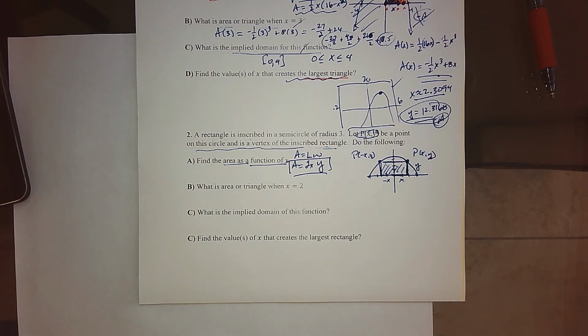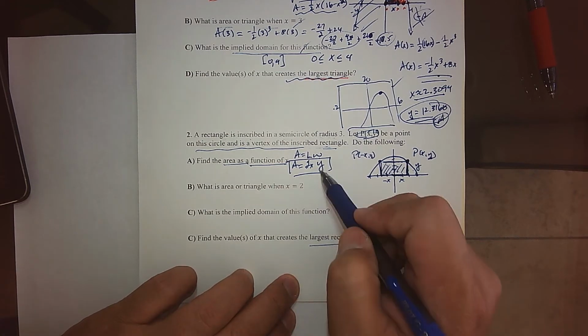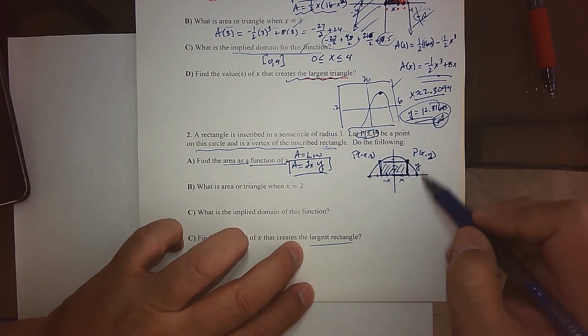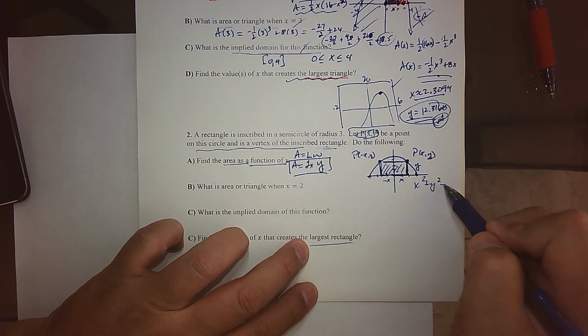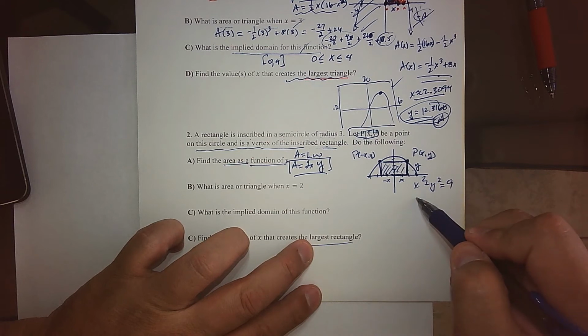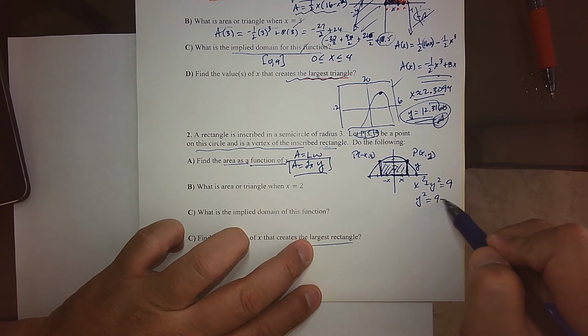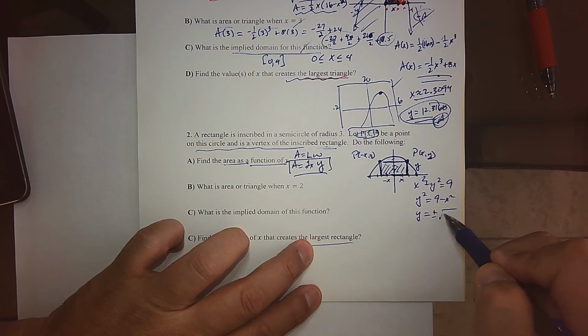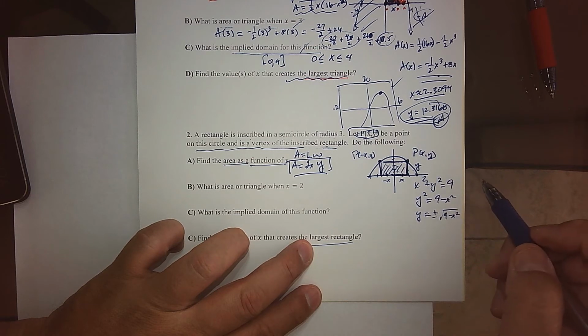So in terms of x's and y's, we have our length and our width. So there's what we're going to be trying to maximize in a moment. Where's the constraint? Well, if you reach back in the archives, what do we know about a circle? x squared plus y squared, in this case, would equal 9, the radius squared. So if we solve for this, y squared equals 9 minus x squared. We take a square root, and we end up with y equals the square root of 9 minus x squared.